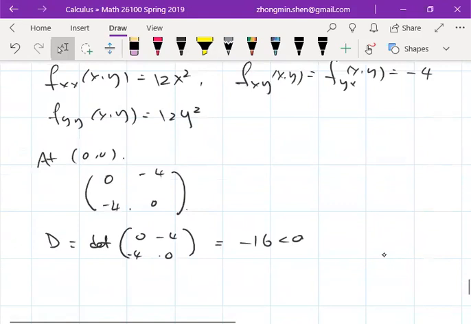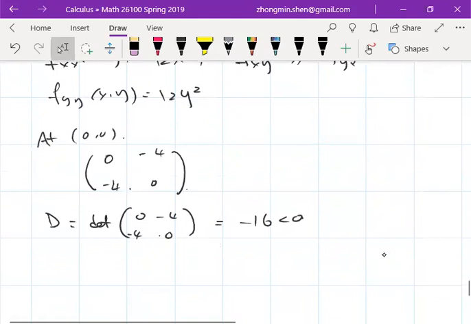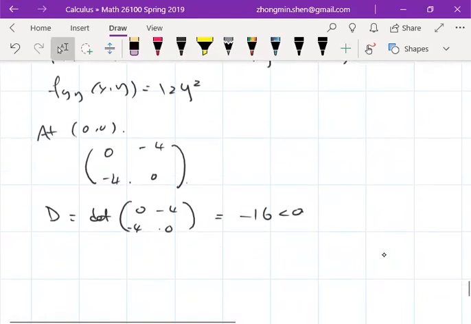So this is a saddle point because the function does not have a local maximum or local minimum at that point.